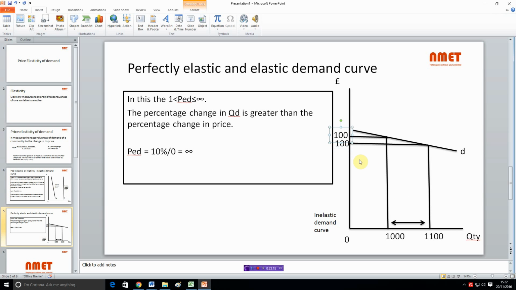the price increased from 100 to 105. And just to make it easier, let's say the quantity demanded fell from 1000 to 900.